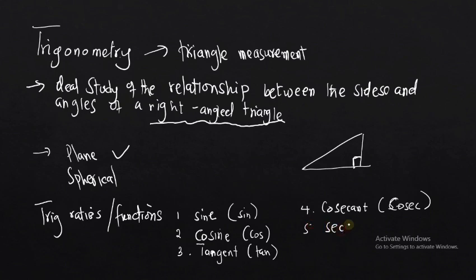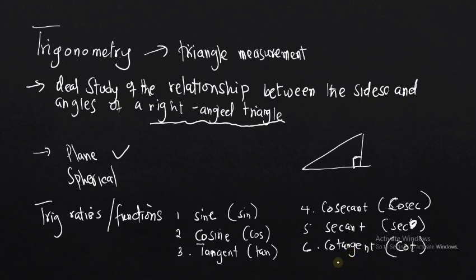We have secant, which is sec. Oh, there's no T. Sec. Then we have cotangent, which in brackets we call cot. Okay, so these are the various types of trigonometric ratios or functions that we have.